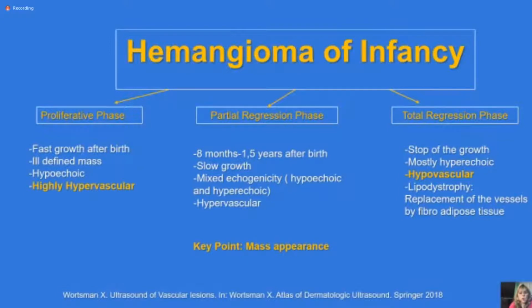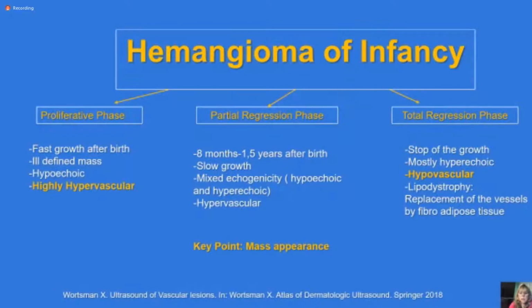Then we go to a partial regression phase where the hemangioma becomes slower in its growth and presents a mixed echogenicity. Also in this phase, the hemangioma is hypervascular.